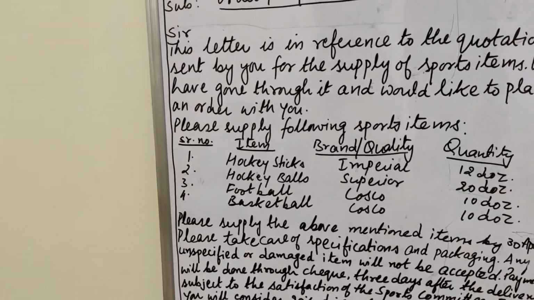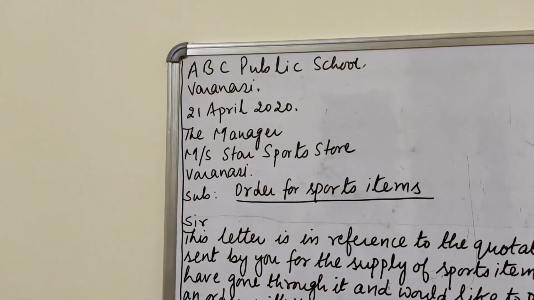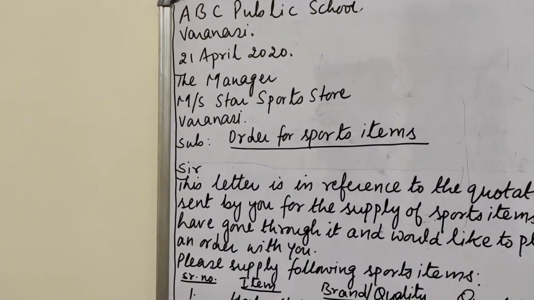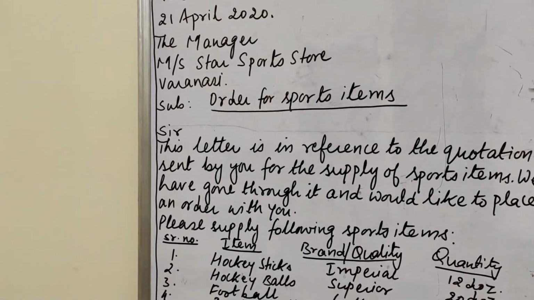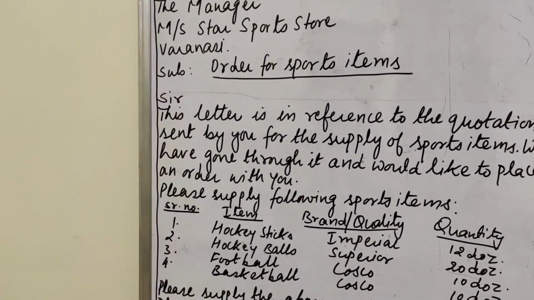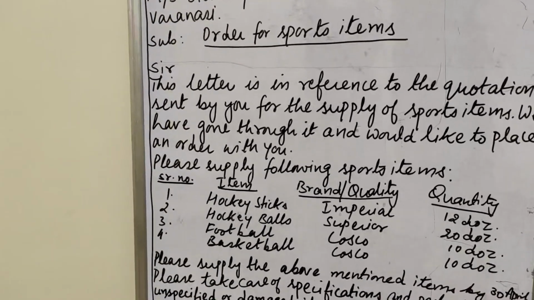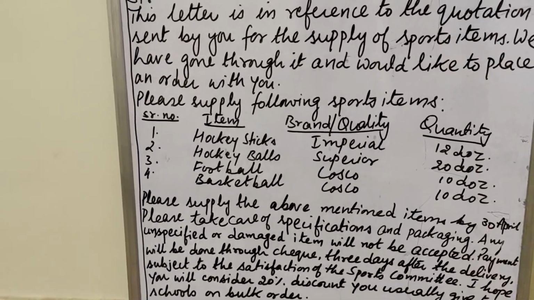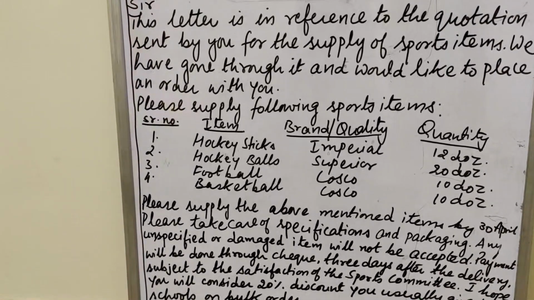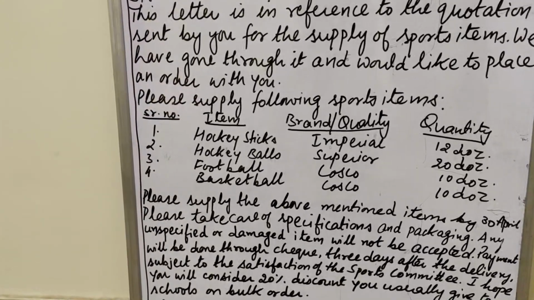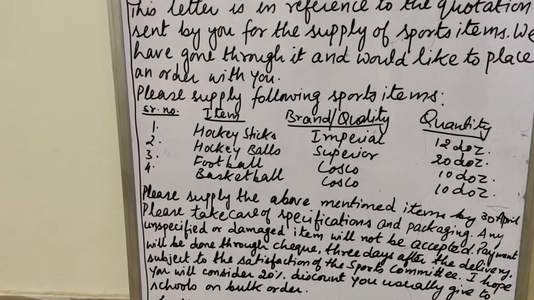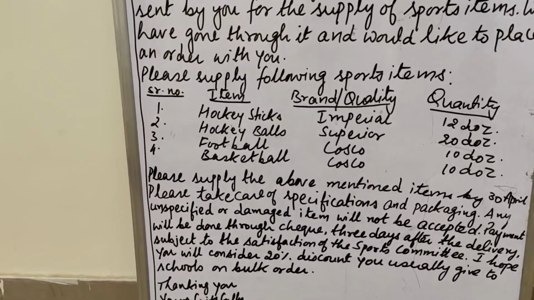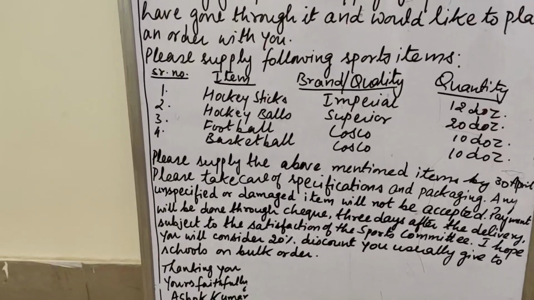I am once again going through it. Sender's address, date, receiver's address, subject, then the first paragraph, then the second paragraph giving the details of the order placed, third paragraph giving the details of the terms and conditions: date of delivery, specifications, packaging, payment, mode of payment, condition of payment, and then the permissible discount.